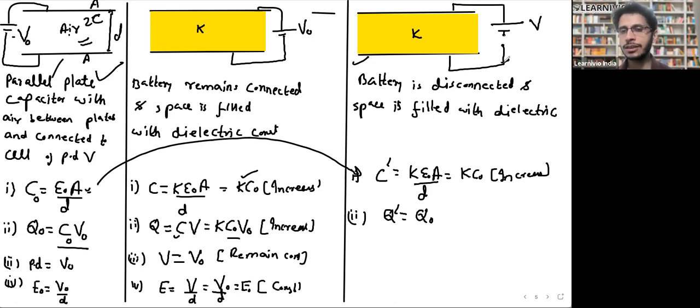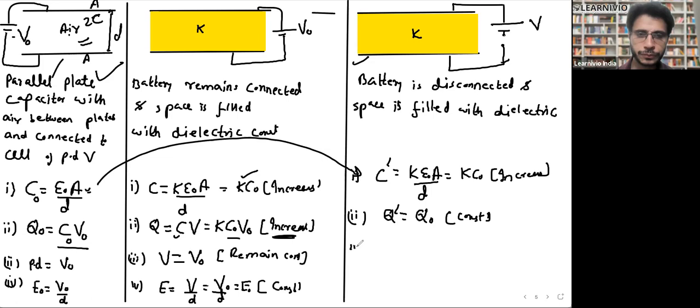When you disconnected the cell, then charge on the plates of capacitor cannot increase. And we are ignoring any leakage of charge, so the charge will remain constant. That's the difference. When the battery remains connected, then charge increases. But when you disconnect the battery, then charge remains constant.